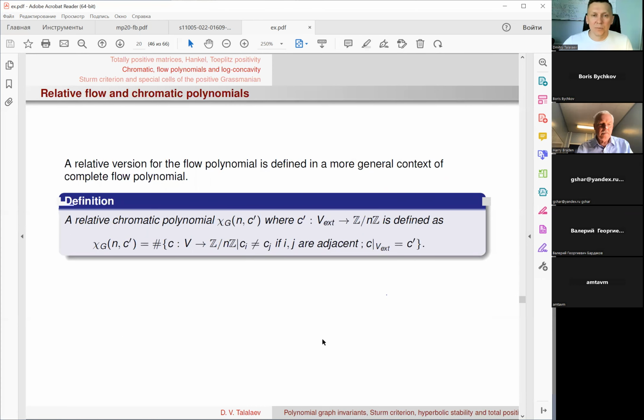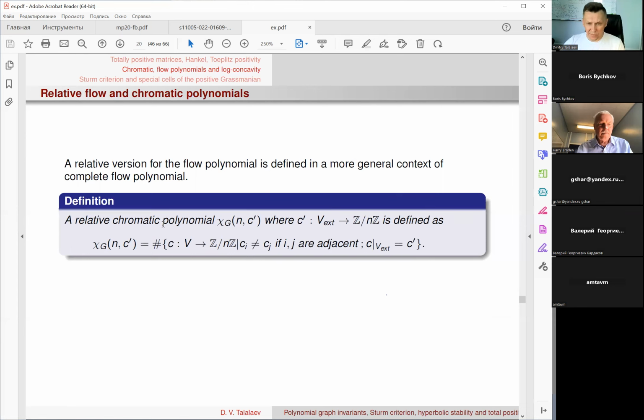Another few results about logarithmic concavity of a version of the chromatic polynomial, called the relative chromatic polynomial. The definition is given here.